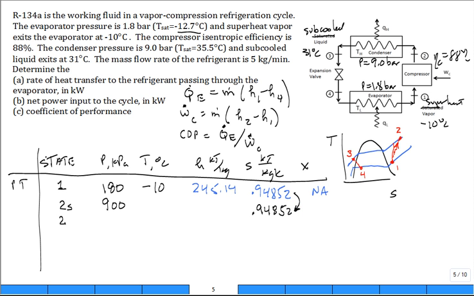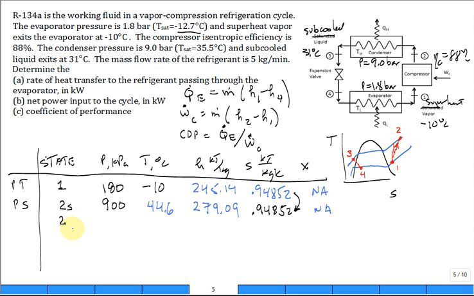And so what fixes the state is the pressure and the entropy for state 2S. We then calculate the enthalpy, 279.09. You can also calculate the temperature for fun, and it's 44.6 degrees C. It's not applicable for quality, it's superheated.